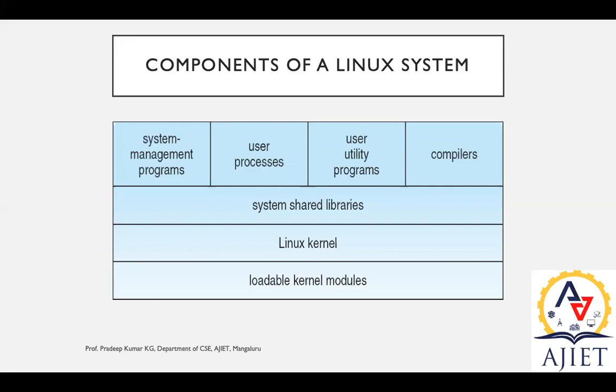And coming to the user processes, there are various user processes based on the application to be executed in the backend, based on the program that should run in the front end as well. For all these kinds of things, user processes should be supportive.